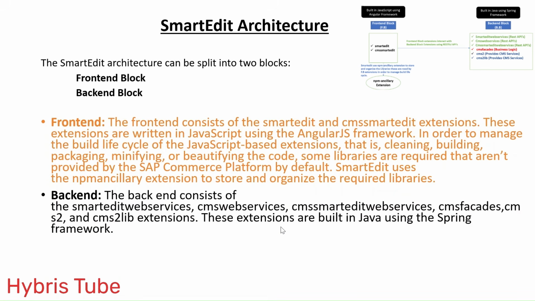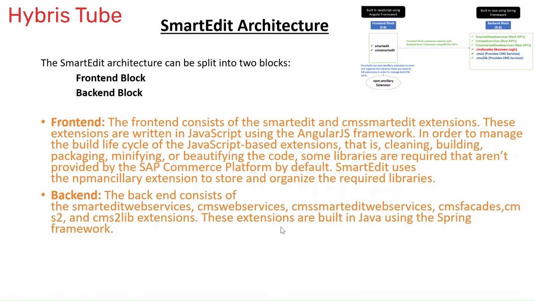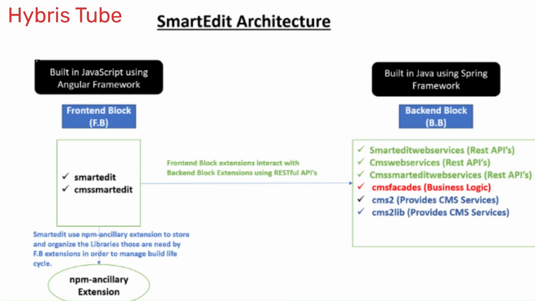So the backend block consists of SmartEdit web services, CMS web services, CMS SmartEdit web services, CMS facades, CMS2, CMS2 lib extensions. These extensions are built in Java using the Spring framework. So the front end communicates with the backend using RESTful APIs.